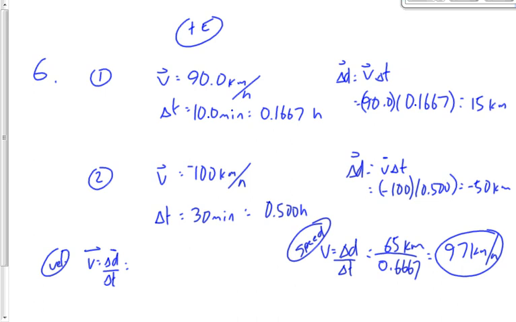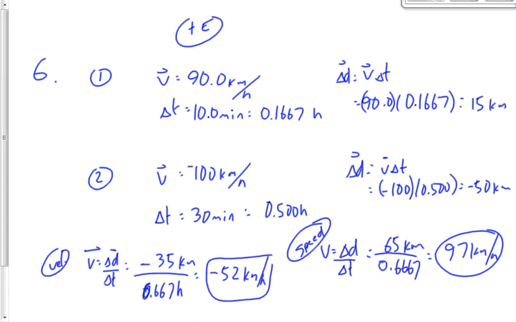Jared, what's the displacement here? 50 kilometers to the west, negative 50. 15 to the east. Good. 35 to the west. So we're going to make it negative 35 divided by the time of 0.667 hours. We do the math there, it works out to be negative 52 kilometers per hour. And the negative 52 means the velocity is to the west.